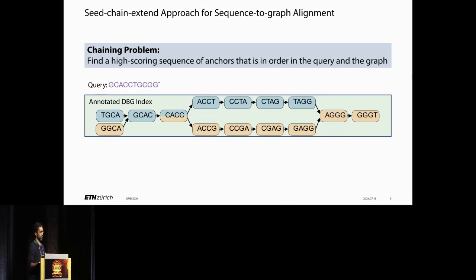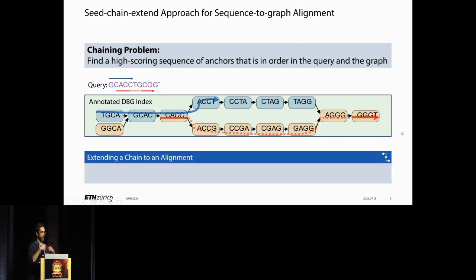So the chaining problem is basically the problem of finding a high-scoring sequence of anchors that is in order in both the query and in the graph. And by in order in the graph, I mean there exists a walk from one anchor to the next anchor within the graph.